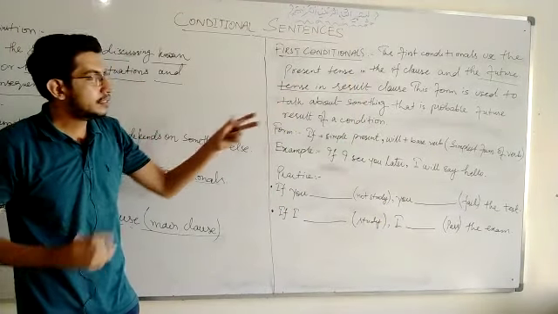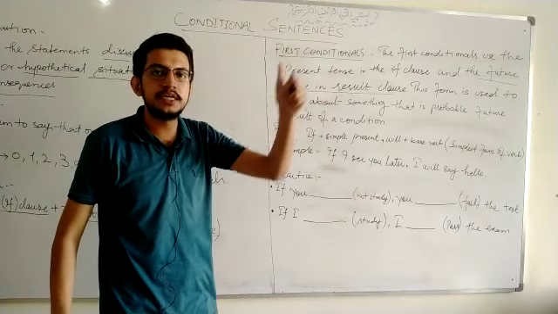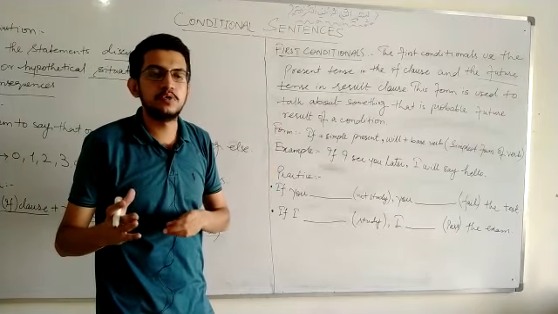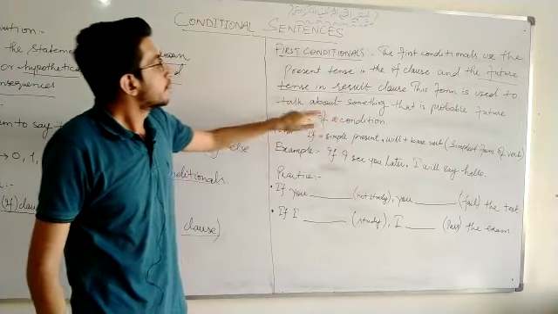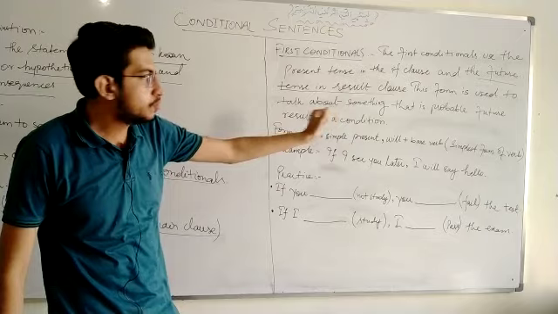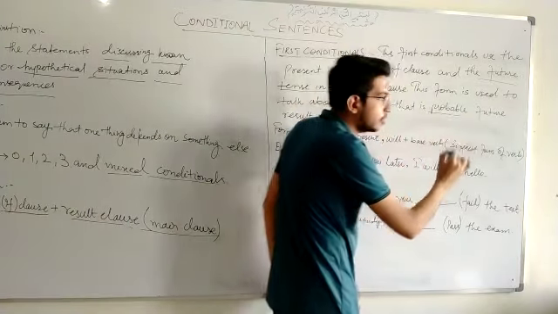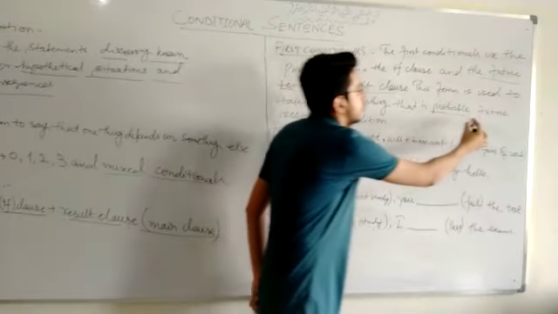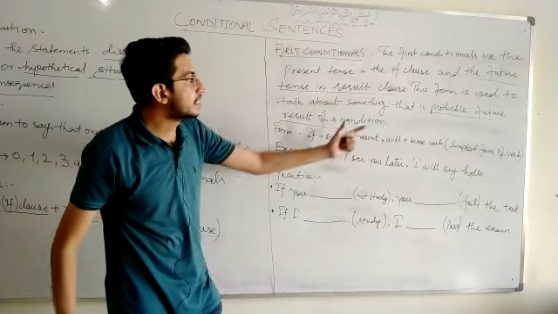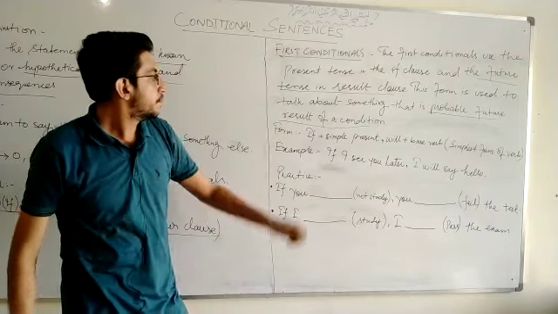We see that the possibility decreases in first conditionals: from 100% it is around 60% or 70%. This form is used to talk about something that is probable in the future as a result of a condition. So it indicates that there is a probability, something that is peradventure.